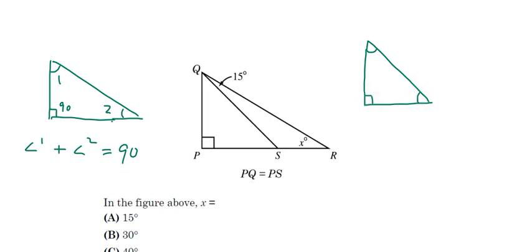Suppose this side is 1 and this side is 1, so these two angles are equal, each half of 90, which is 45 and 45. Now here, this is a right angle and PQ equals PA, so this angle should be 45 degrees.